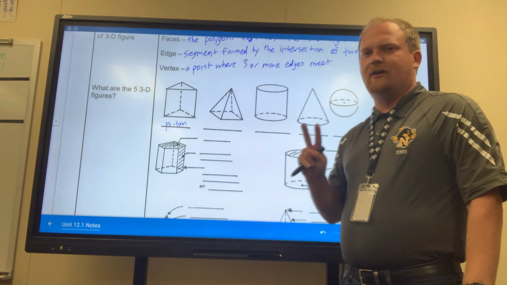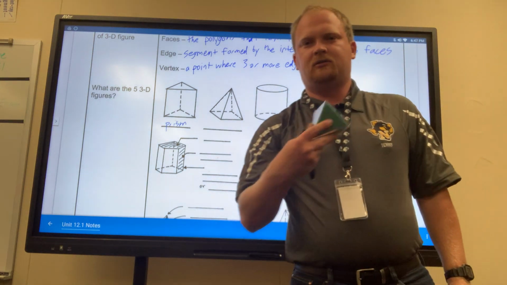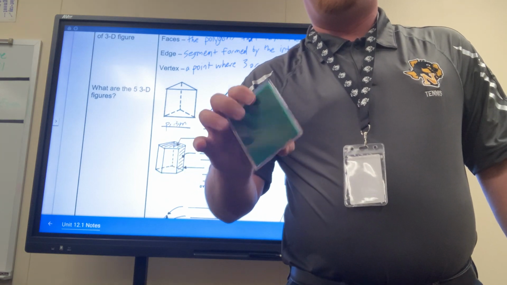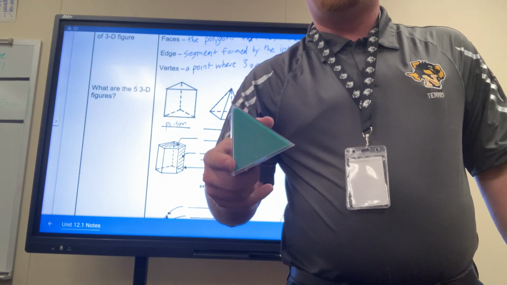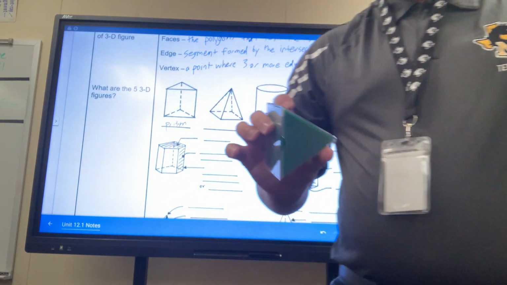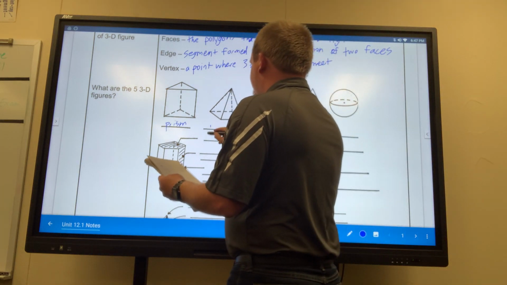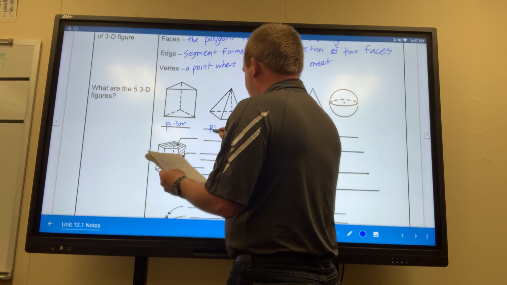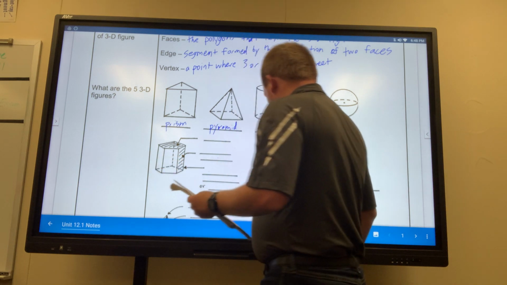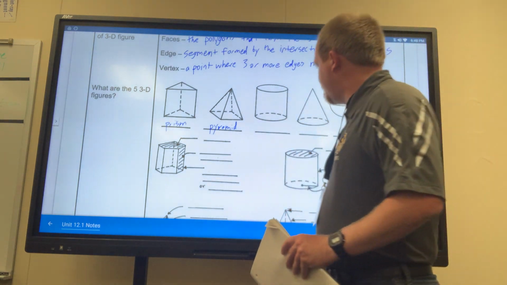Now this next one right here, notice how it only has one regular base, and it has a tip, a vertex at the top. This is called a pyramid. And yes, it's the same word as the pyramids of Egypt. So if it has one base, it's a pyramid.